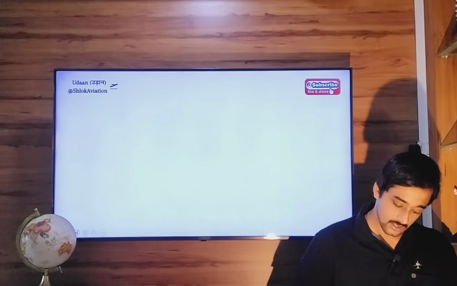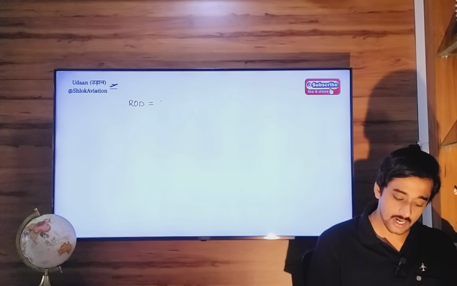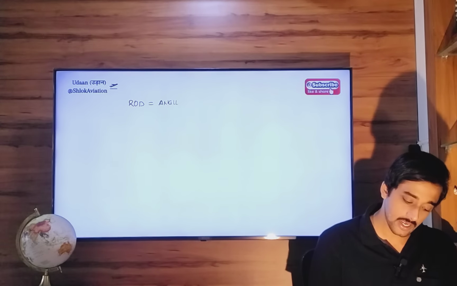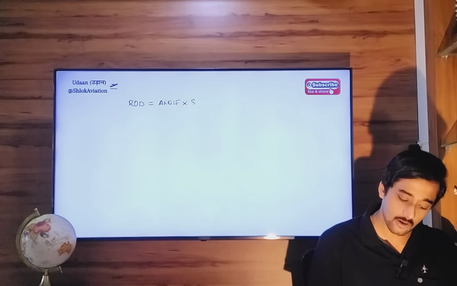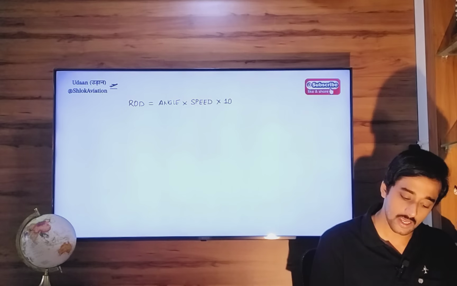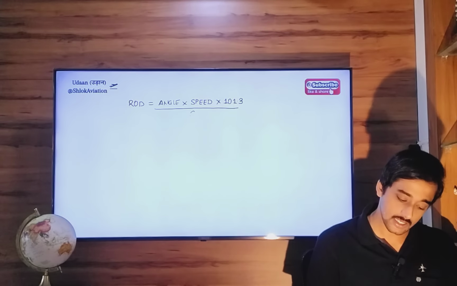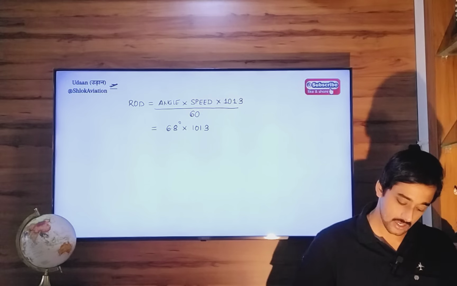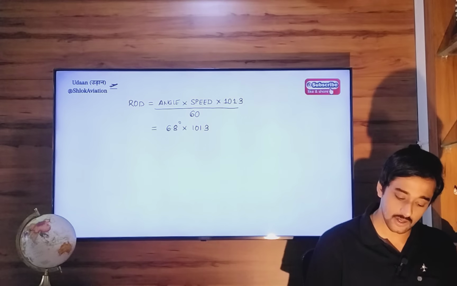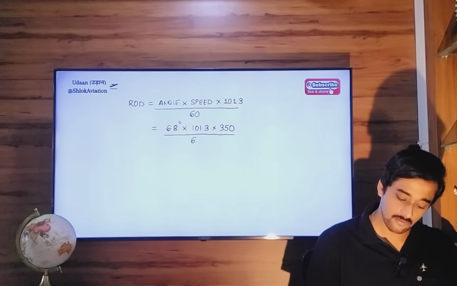Okay, so rate of descent will be equal to glide slope angle in terms of degrees multiplied by ground speed of your aircraft multiplied by 101.3 feet per minute divided by 60. So 6.8 degrees into 101.3, ground speed 350, divided by 60.